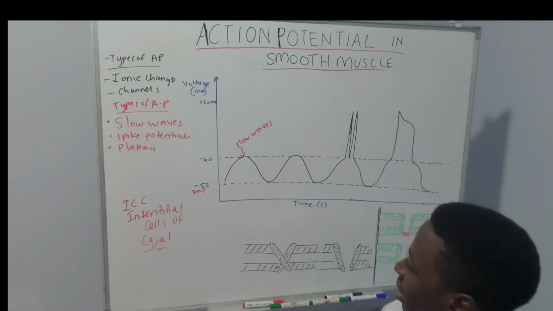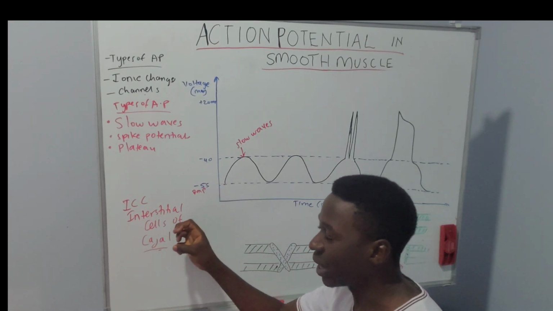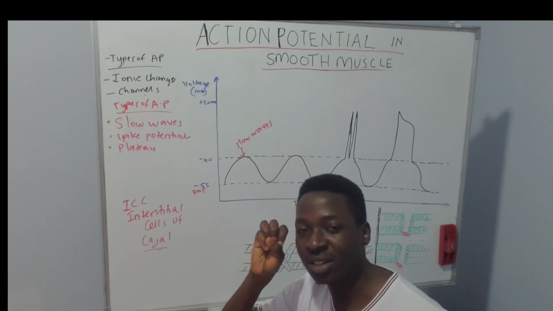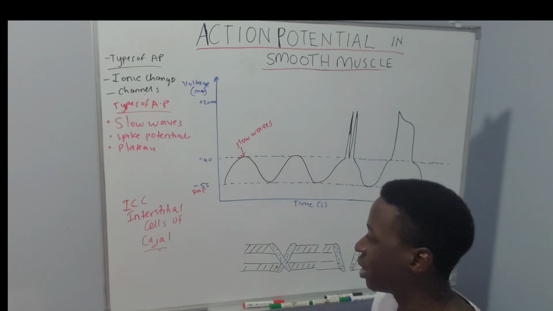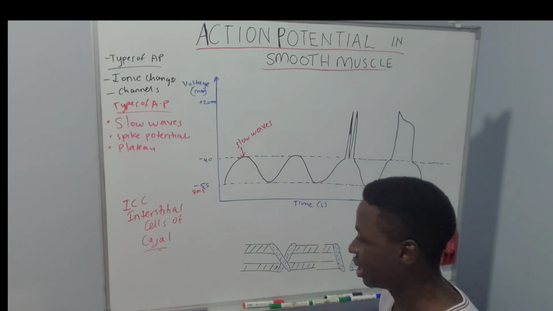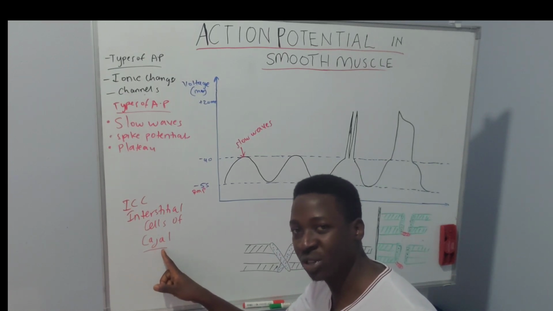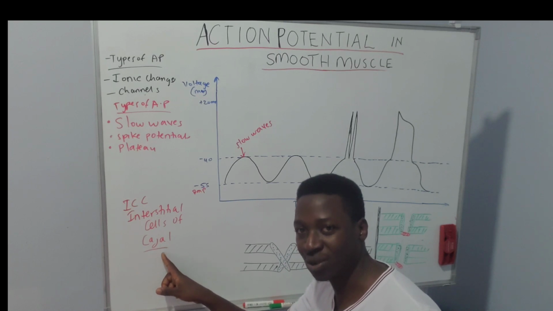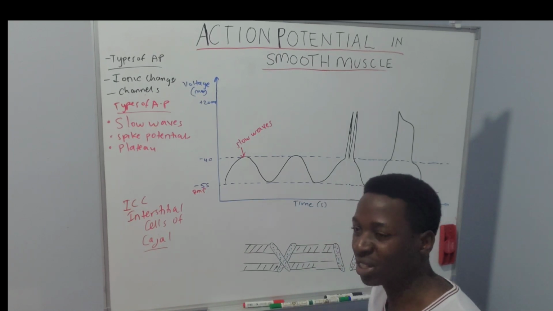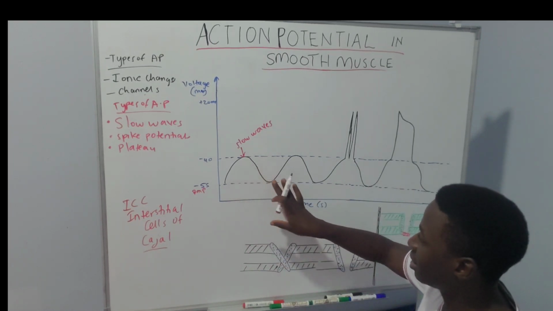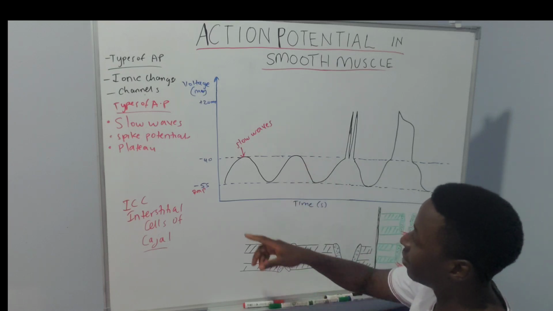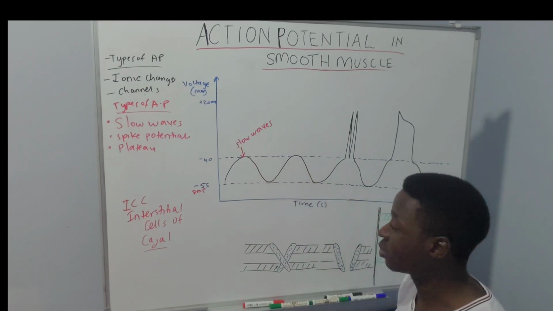He did some studies and discovered that we have some cells within the muscle cell layer of the GIT that give us this inherent ability to generate impulses or to keep a pacemaker potential. This kind of pattern is established by the slow waves, as we've talked about.